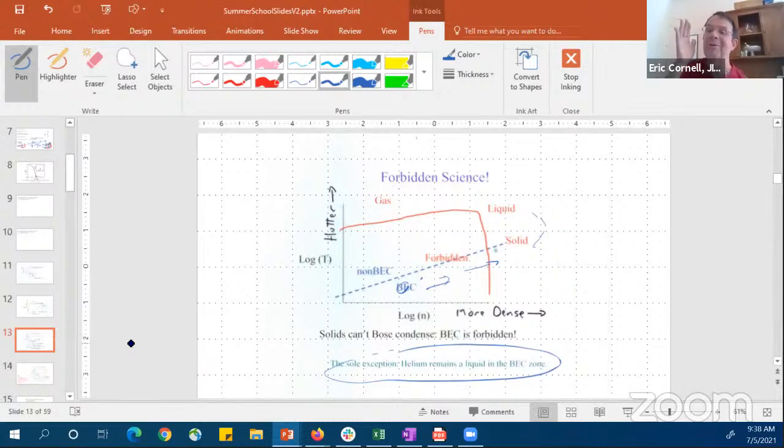So it just happens to be a coincidence that if you go to the region of the periodic table where you can get very low masses and very low interactions, there's only one element that manages to still be a liquid at the Bose-Einstein condensation.